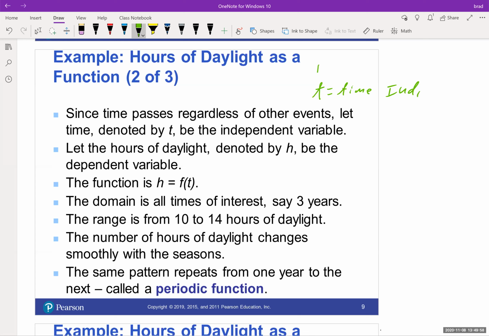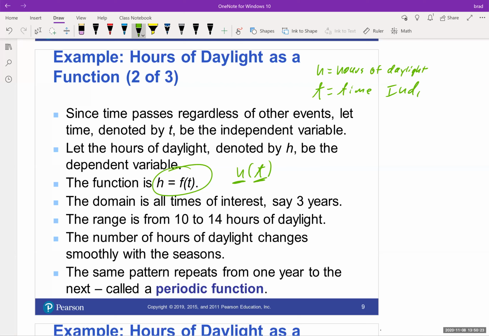So h equals hours of daylight. Okay, so now we know that we're working with the function h is equal to f of t, or we could even write it as h of t, the number of hours based on time.